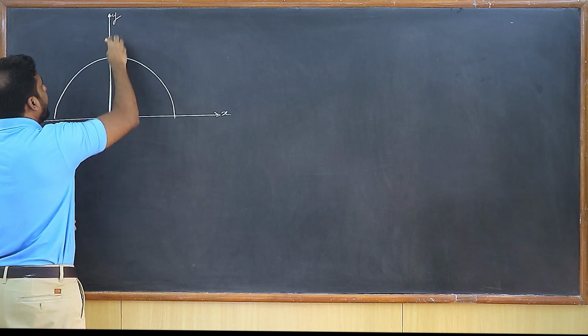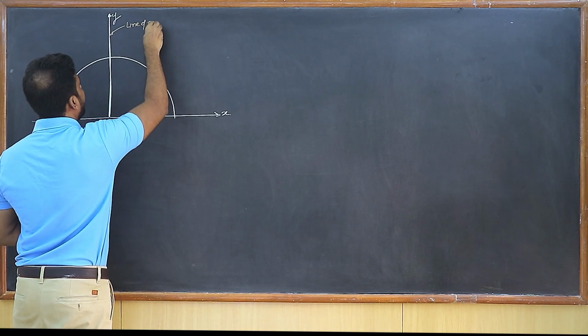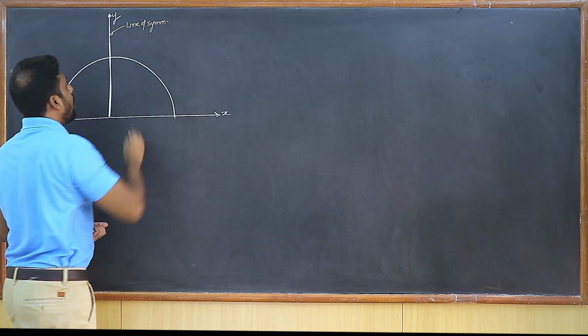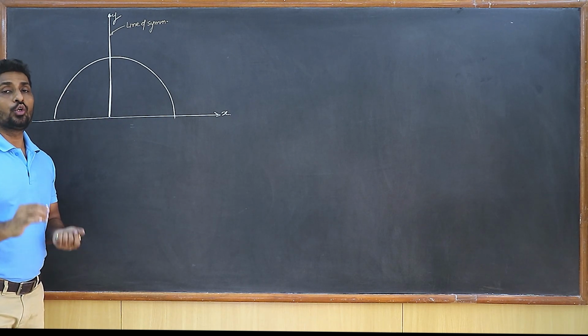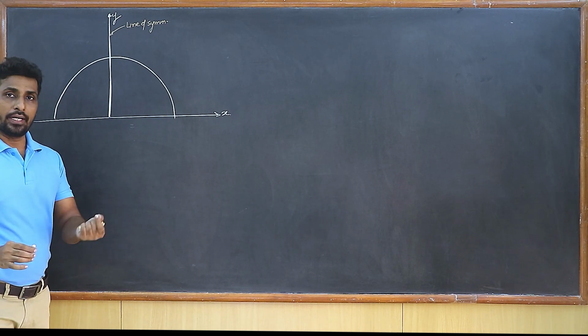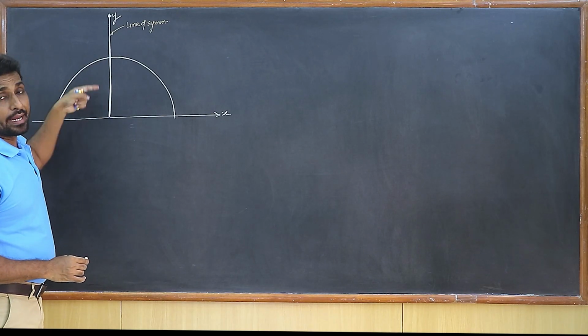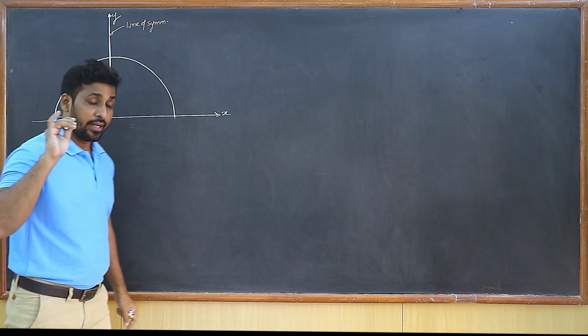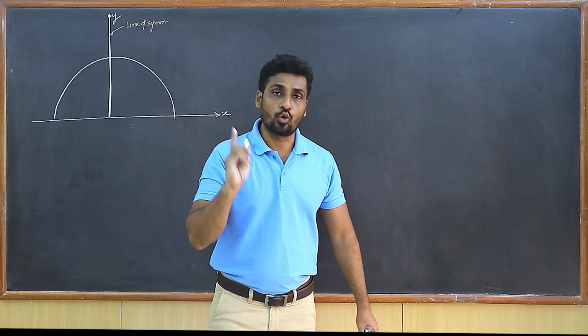So I can say y-axis is the line of symmetry. Now students, I always know that the centroid is definitely going to lie on the line of symmetry, isn't it? So the centroid is definitely going to lie on the y-axis somewhere.